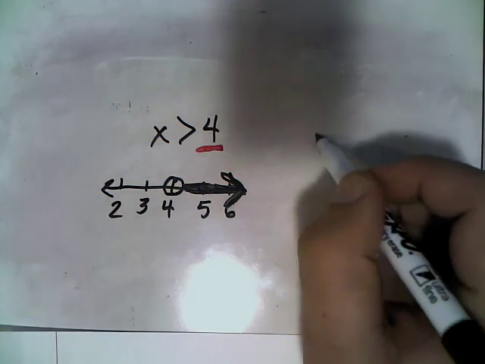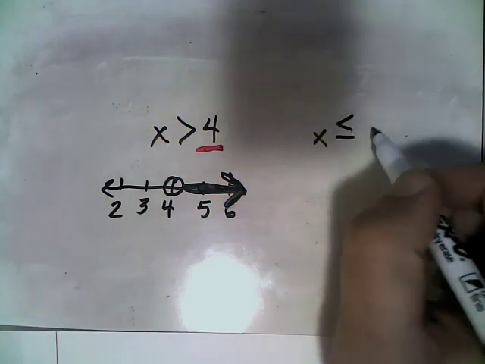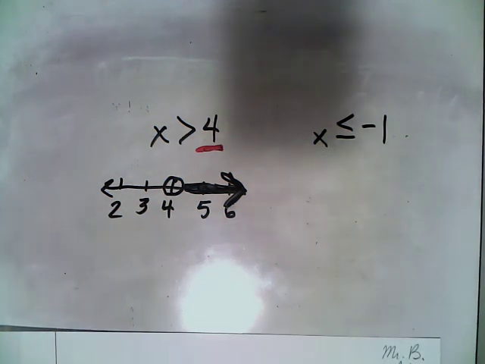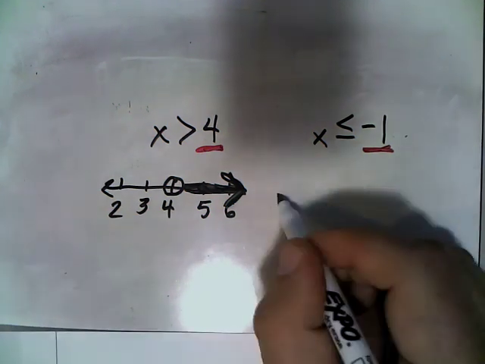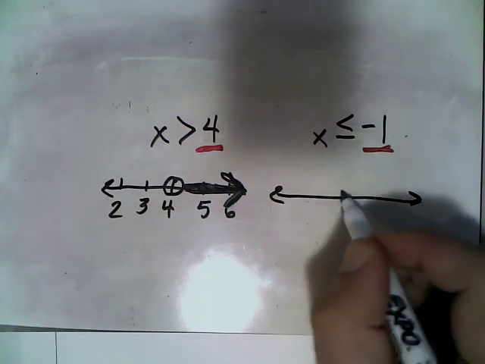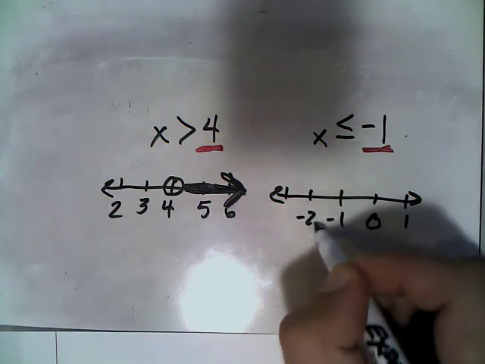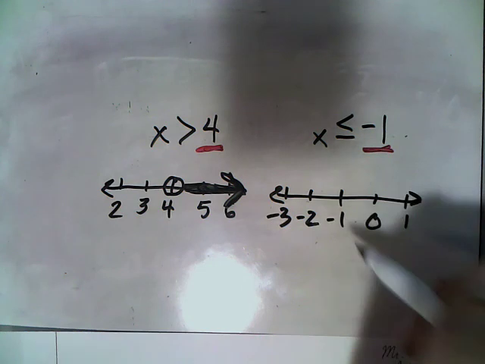On the other hand, if I had x is less than or equal to -1, this time my boundary is going to be that -1. So when I graph this, we normally stick our boundary in the middle. Don't have to, but we normally do.